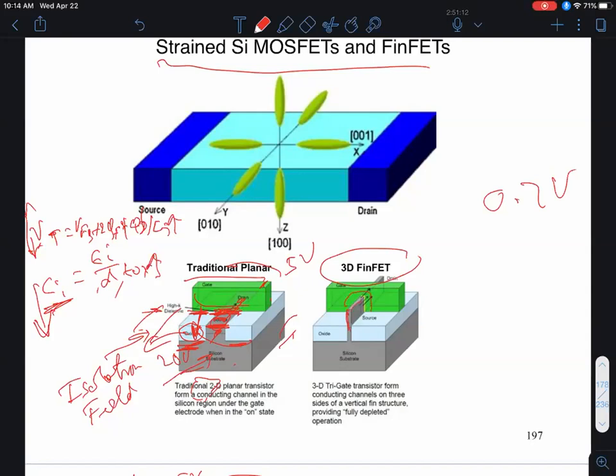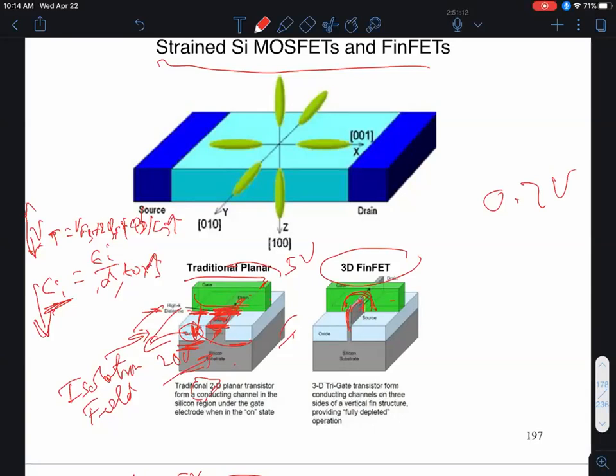In a planar device, the gate only controls the channel from the top surface. But if I have a narrow fin and the gate wraps around it like an inverted U, the gate potential can control the channel potential on the left-hand side as well as on the narrow top surface. That's what you want, because you want the channel potential to be controlled by the gate, not by the drain voltage, which can then give rise to DIBL.